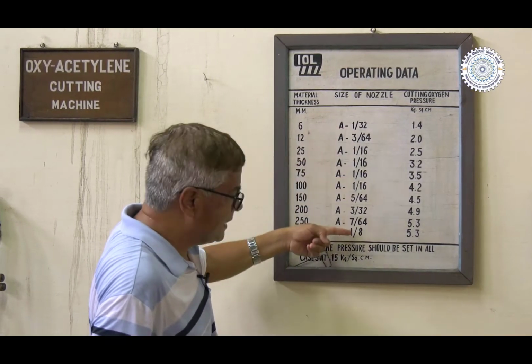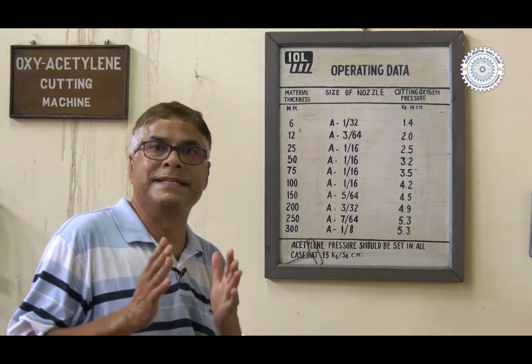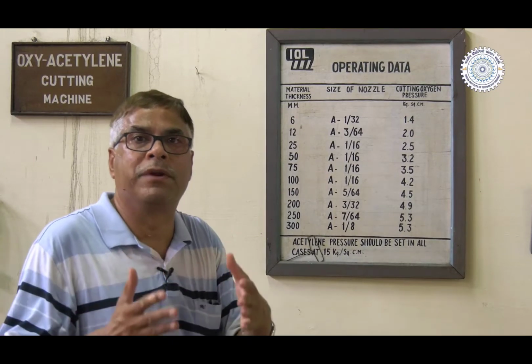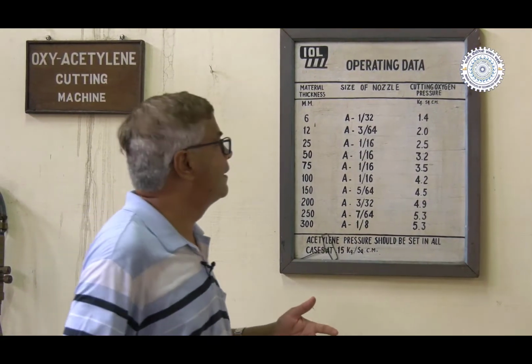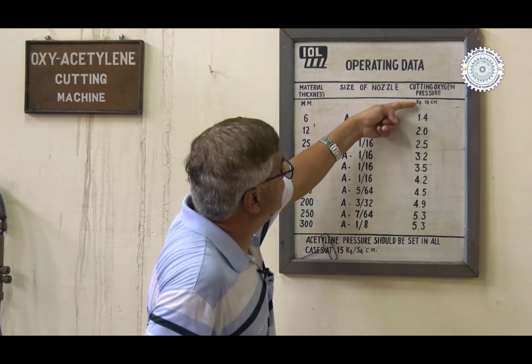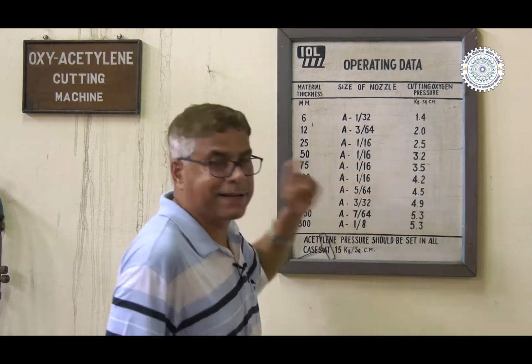These are increasing diameters of the nozzle, so that the flame size is bigger and able to deliver more heat required for preheating of the steel while cutting. And you can see the oxygen pressure which is used for the cutting purpose.